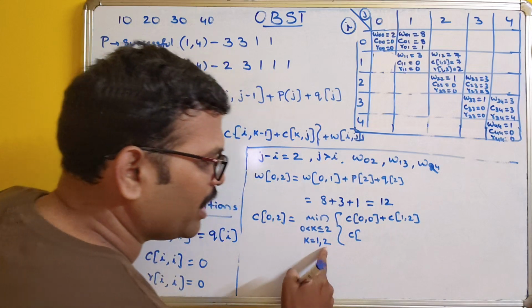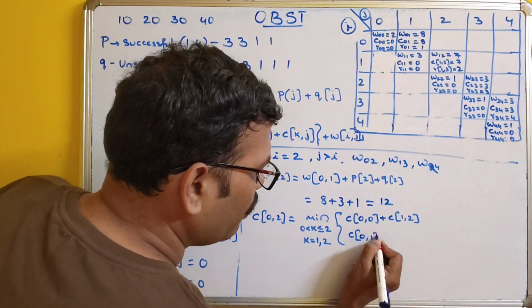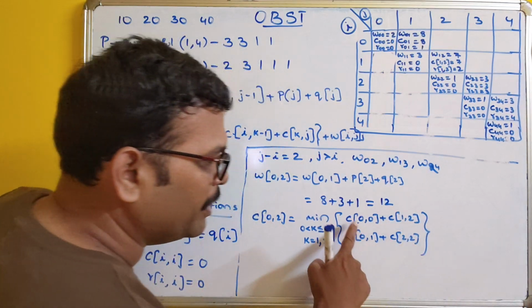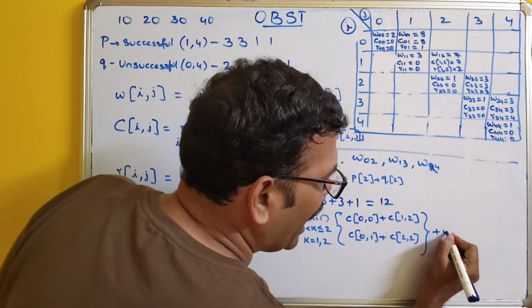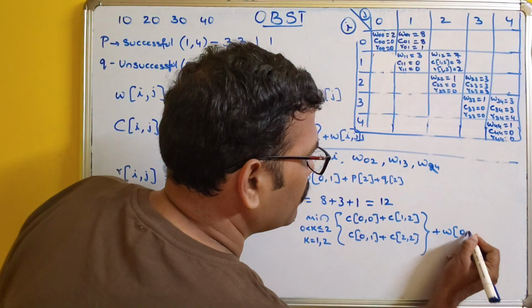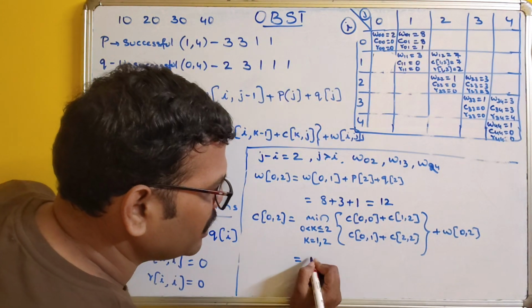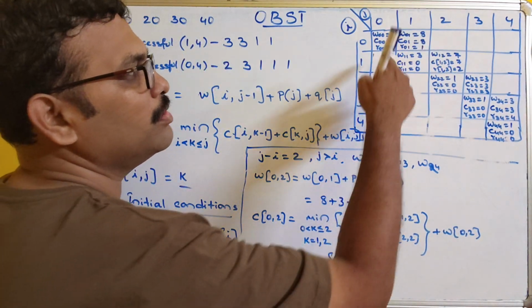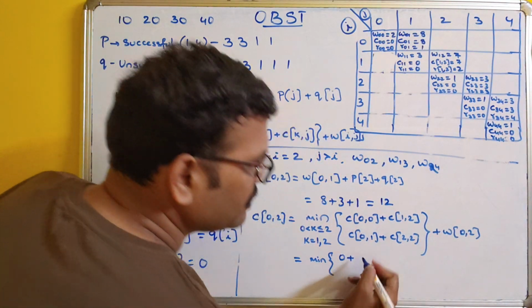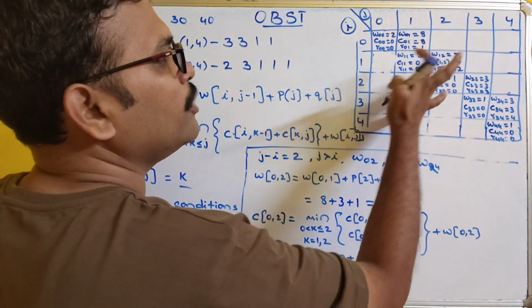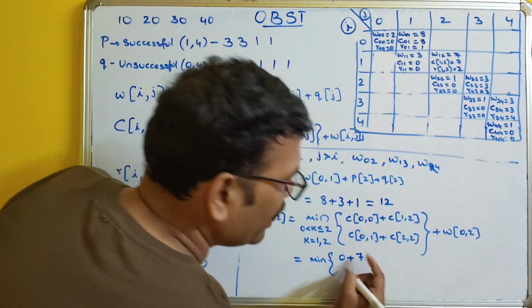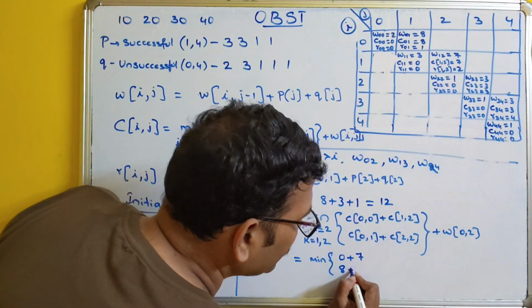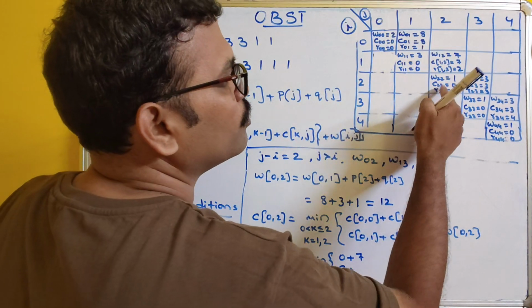When k is equal to 2, it is C of 0, 1 plus C of 2, 2. C of 0, 0 is 0 plus C of 1, 2 is 7. C of 0, 1 is 8 plus C of 2, 2 is 0.